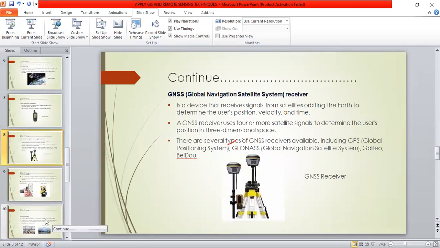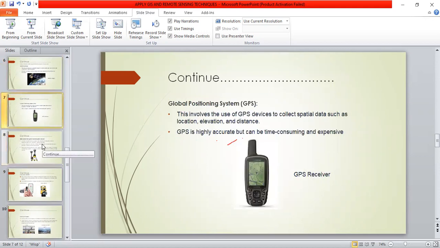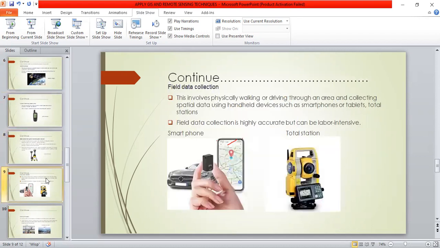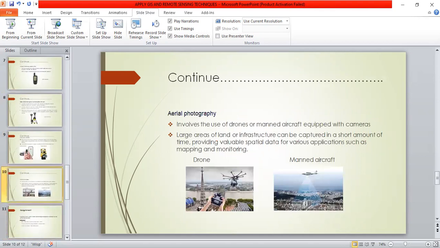Field data collection. That is true. So to highlight some of the techniques: we have the global positioning system, GNSS, field data collection, and aerial photography. That now comes to an end of our discussion for today.